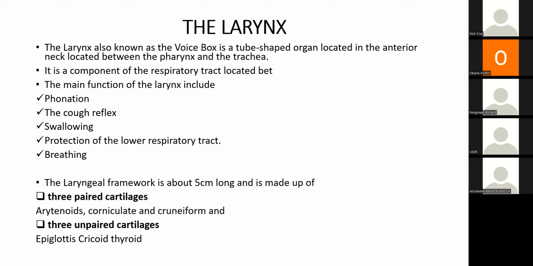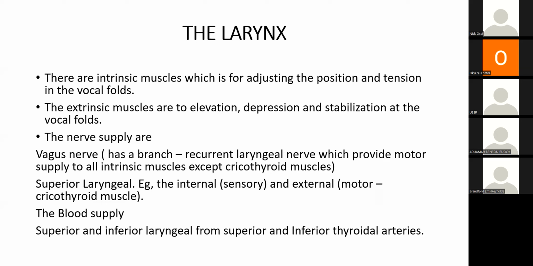And then the unpaired ones are the epiglottis, the cricoid, and the thyroid cartilages. The epiglottis usually closes the respiratory tree to prevent aspiration of food. And then in the larynx, there are certain intrinsic muscles which are usually used for phonation, by adjusting the position and the tension in the vocal folds.